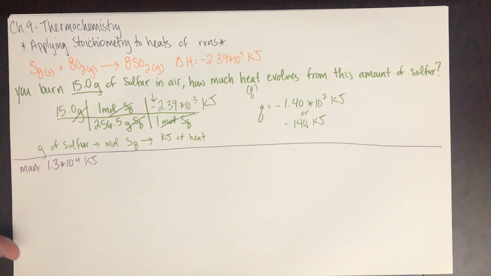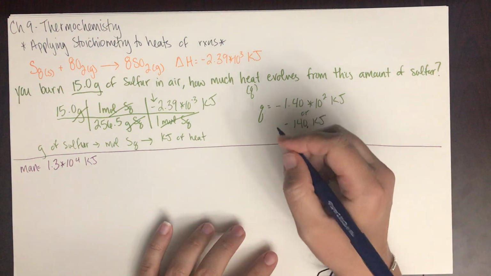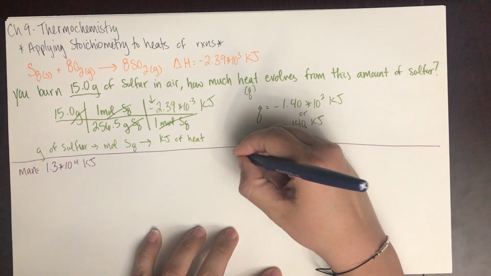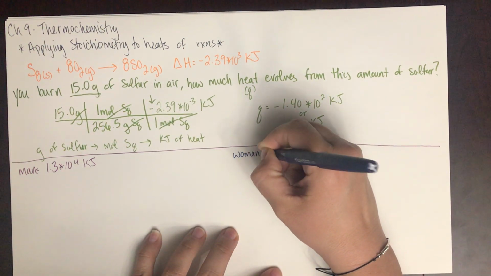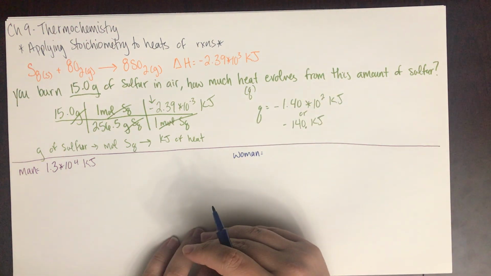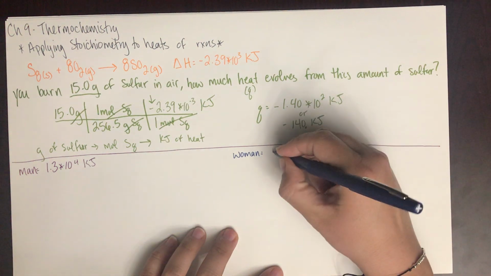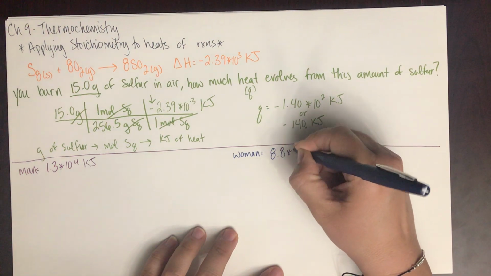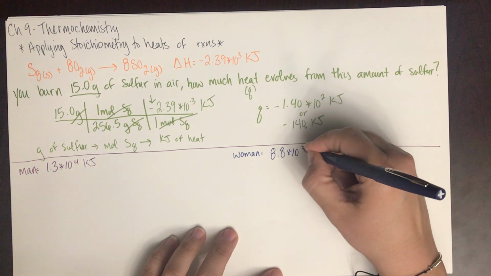And then over here, say a woman, a 20-year-old woman weighing 58 kilograms, their daily requirement for energy is 8.8 times 10 to the 3rd kilojoules.